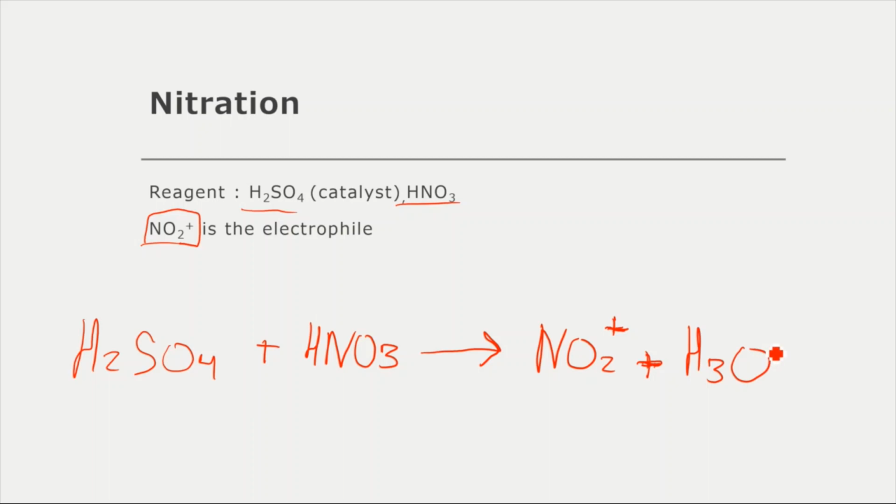It'll be H3O+, and also HSO4-. At the end, to make sure that they're balanced, I add a 2 in front of the H2SO4, and I add a 2 in front of the HSO4-.